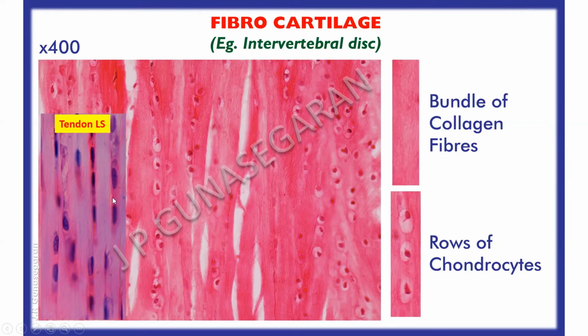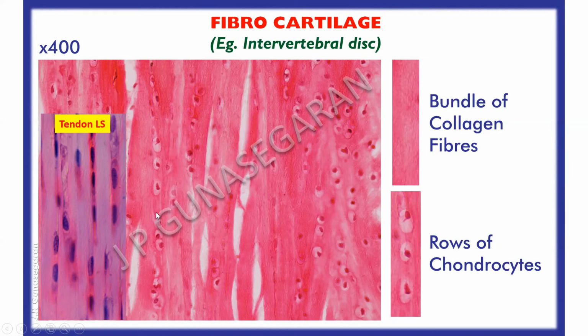This slide is a longitudinal section of a tendon, and you can see many similarities between the section of a fibrocartilage and a longitudinal section of a tendon. Both have compactly packed bundles of collagen fibers and rows of cells between the bundles.